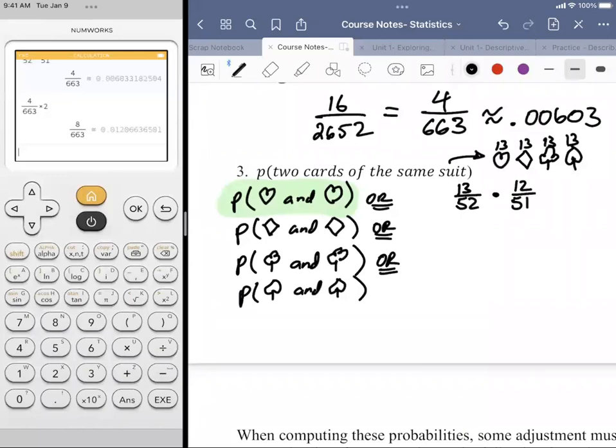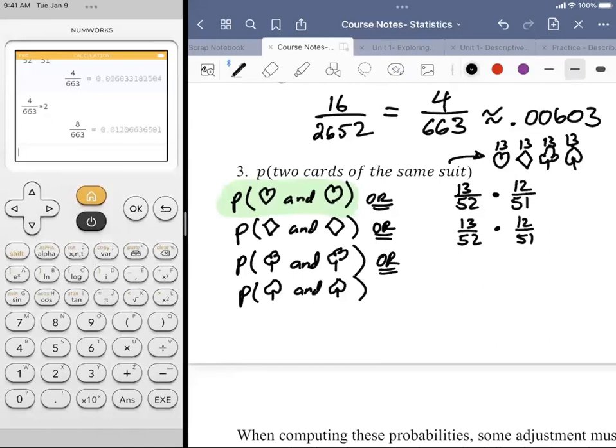Now, if you do the same thing with diamonds, you're going to get the same outcome. There's 13 diamonds in the deck. Because remember, "or" is a reset button. All the cards back in the deck, new scenario. All right. There's 13 diamonds. If you select one at random and throw it away, there's only 12 diamonds left out of 51 cards.